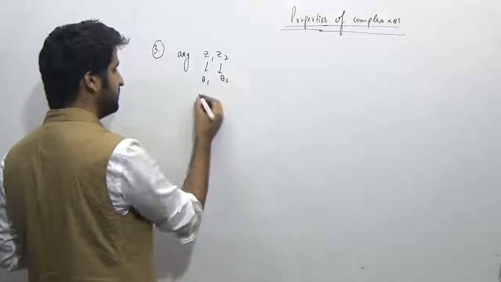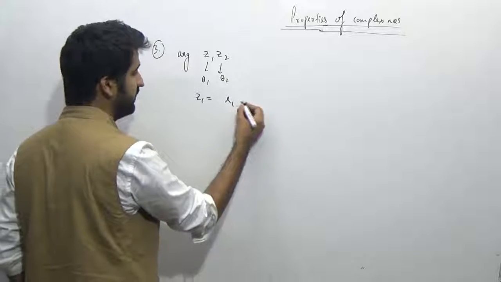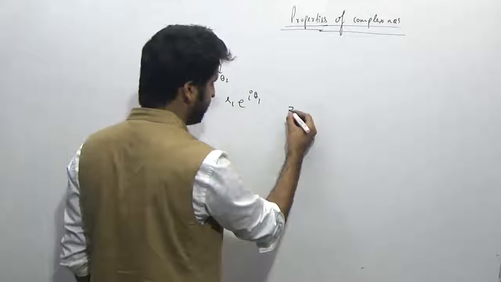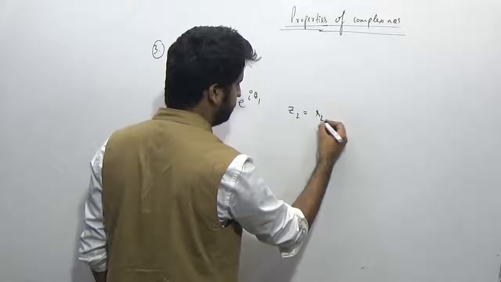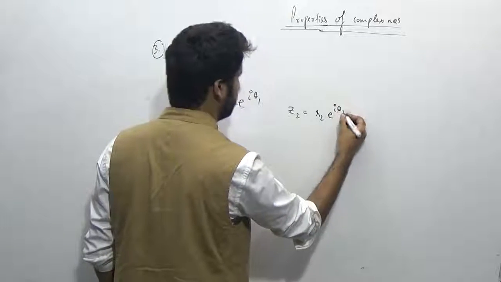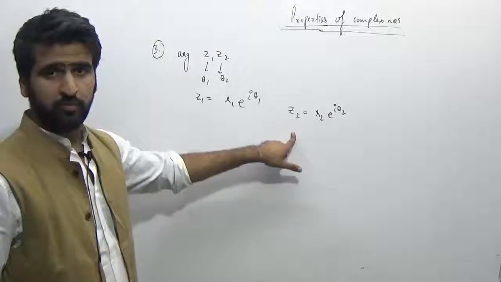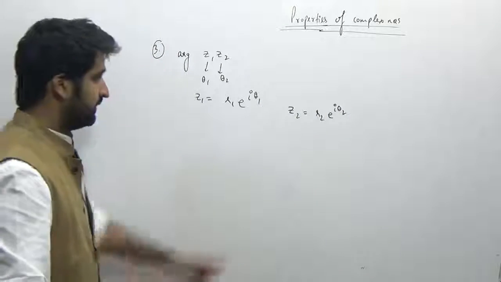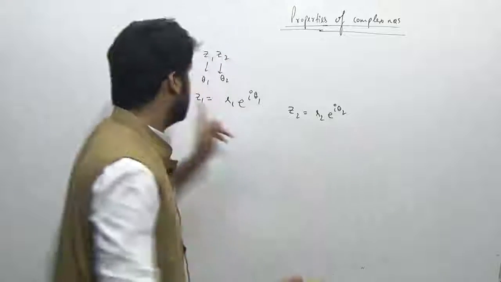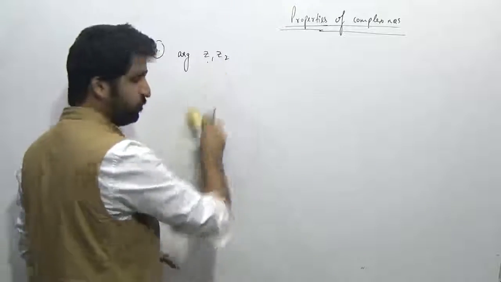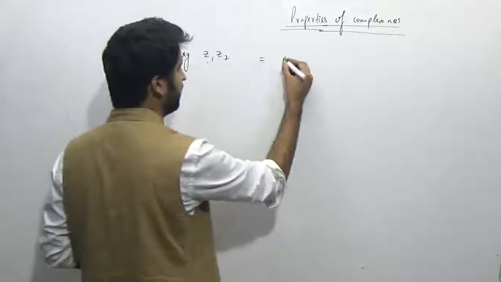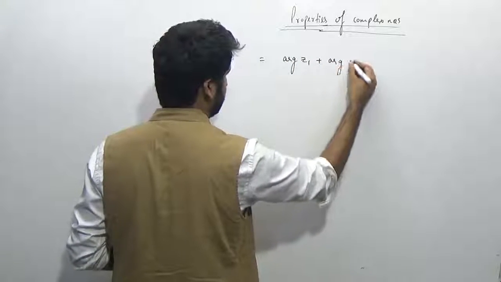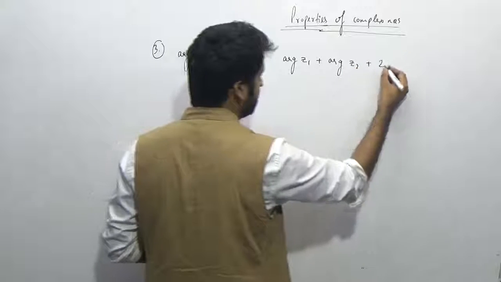So the complex number z1 can be written as r1 e to the power iota theta 1 using the Euler form, and z2 can be written as r2 e to the power iota theta 2. If I multiply these 2 complex numbers, their arguments will get added. This follows the same properties as logarithms. The argument is argument z1 plus argument z2 plus 2k pi.